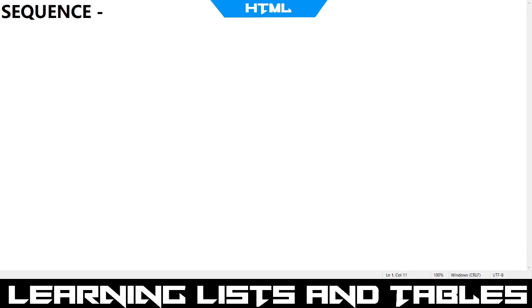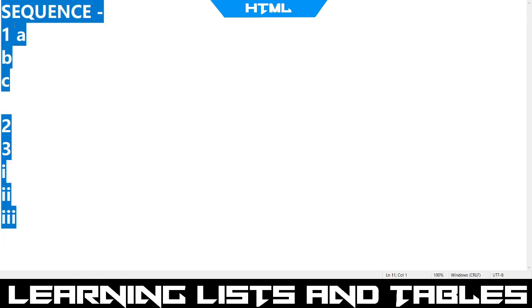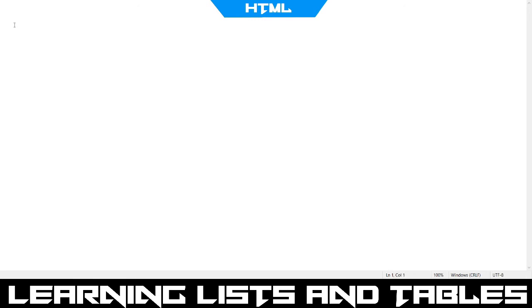This can be in any form: it can be 1 2 3, or Roman numbers I II III, or alphabetical order A B C. Sometimes you see questions in a book where instead of 1 2 3 it is A B C, or it is categorized by small Roman numbers or capital Roman numbers. So all these fall under ordered list. Now let's take an example.